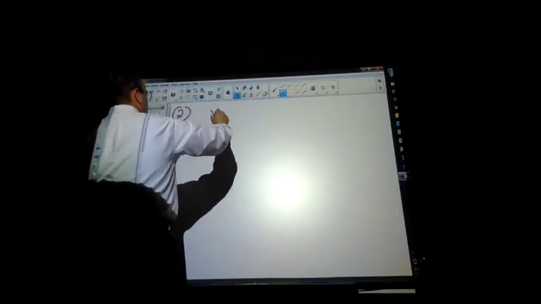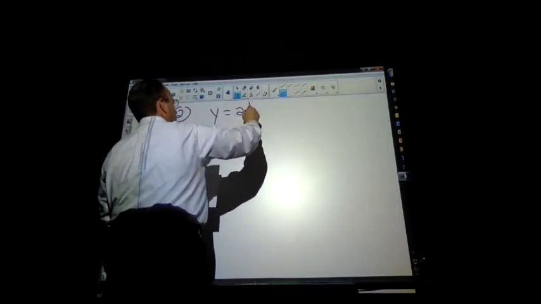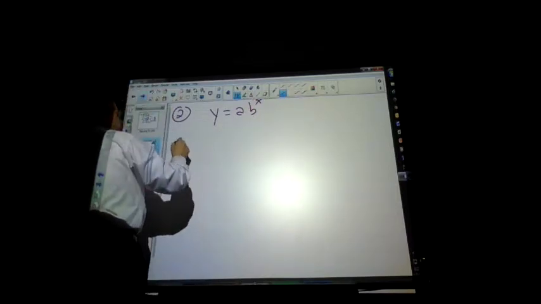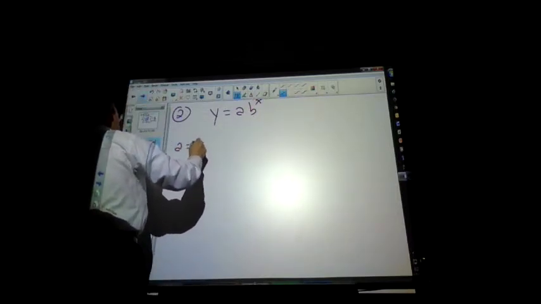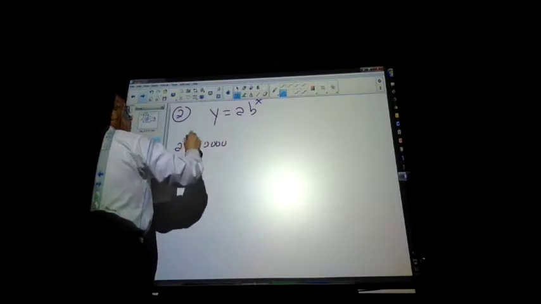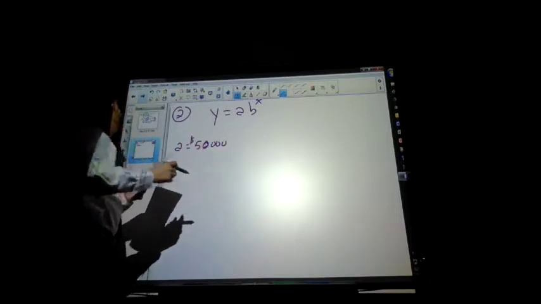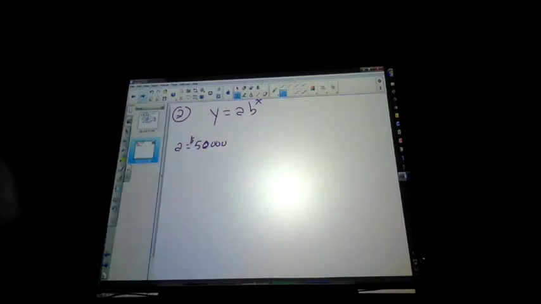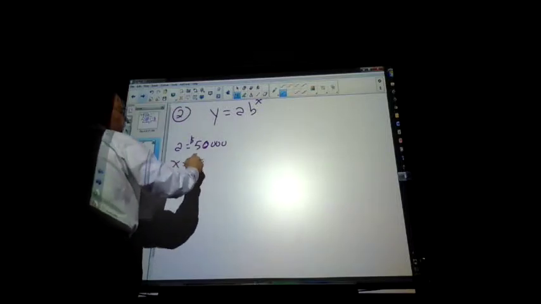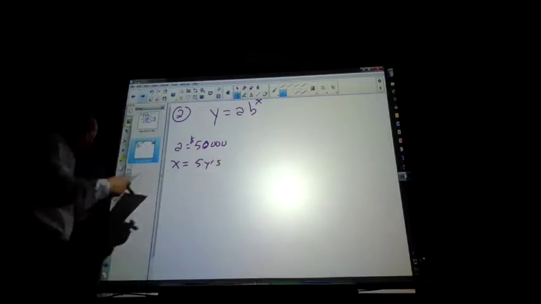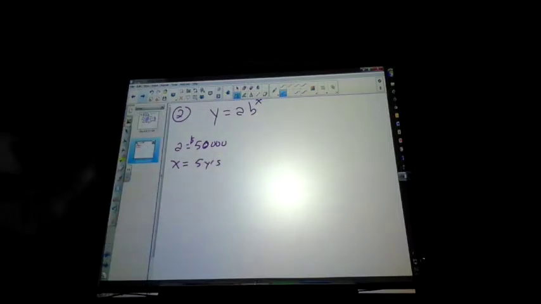Again, we're going to use this equation. And our initial amount is going to be $50,000 that this company's going to borrow. They're not going to pay back until after 5 years. So X is going to be 5 years. And we have an interest.